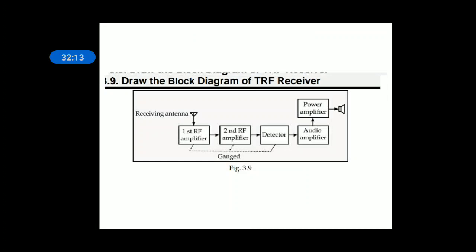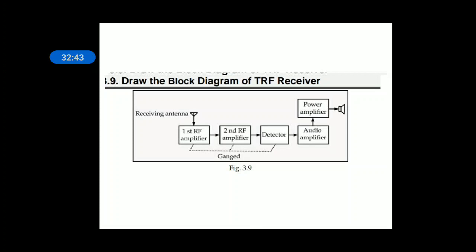And in case of receivers, TRF receiver is a combination of many tuned RF amplifiers, it is called tuned radio frequency receiver. In this there are many sections where tuning is done multiple times, and detector is a very important circuit of any receiver which converts modulated signal into modulating signal, and this signal is given via amplifiers to have better output.